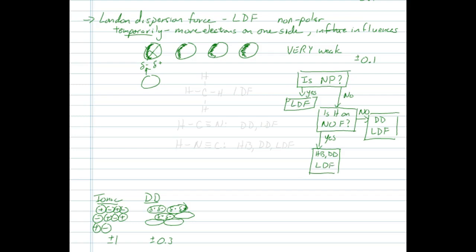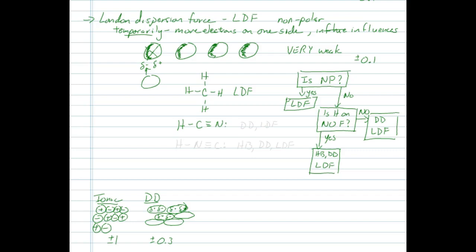For example, if you have this molecule, it is nonpolar, therefore it is LDF. If you have this molecule, it has a hydrogen, but that hydrogen is connected to a C. It's polar, because if you flip it 180 degrees, it's not the same.